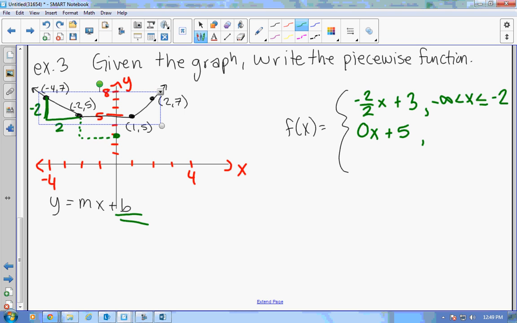Okay, now this one starts at negative 2 and then ends at what x value? 1. And again, x is our domain. But we've already used the equal to. So can I put an equal to on this one, negative 2? No, so it just has to be less than x, which is less than or equal to 1. I can put the equal on the 1 because I haven't done that yet.